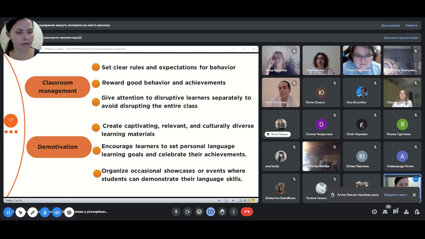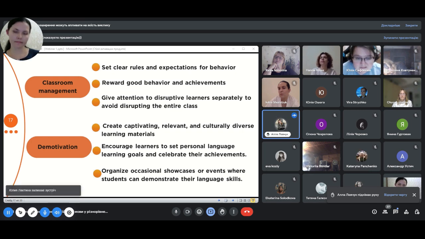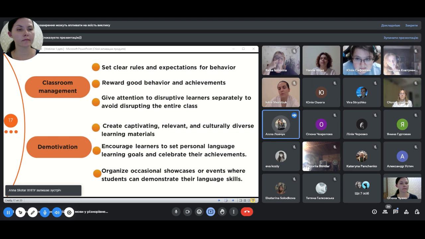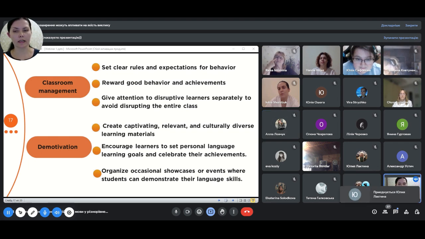But I think it depends on students, because there are a lot of students that are very shy, and I guess the task where they need to present something to the class, it can demotivate them. The idea is to ask them to work in groups.